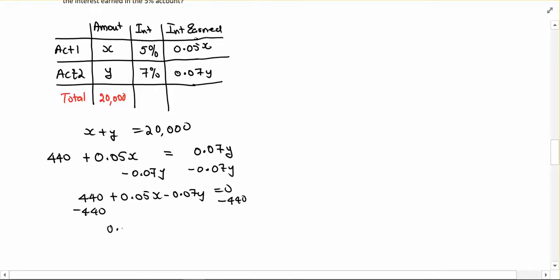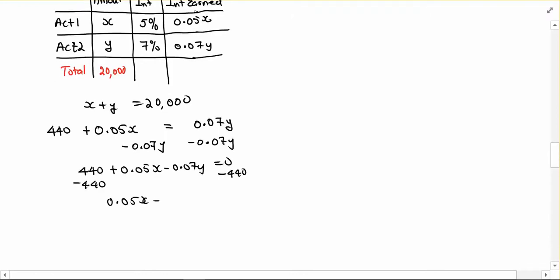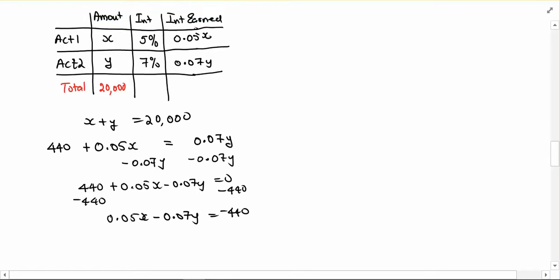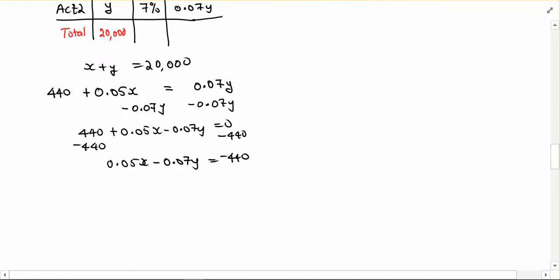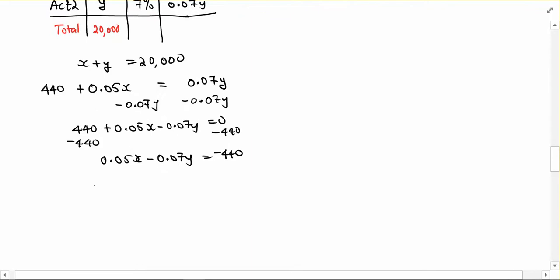So then I have this. Okay, so my two equations are x plus y equals 20,000 and 0.05x minus 0.07y is equal to minus 440.